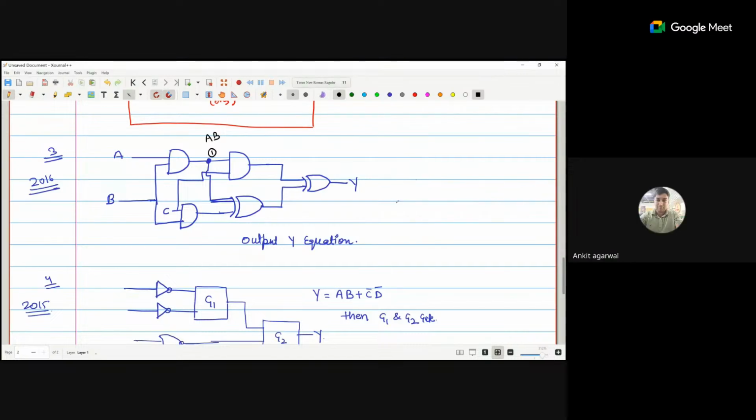Okay. So point one, we are getting the AB. This is point two. This AB with C, so point two, we are getting the ABC. This is point three. We are getting BC.